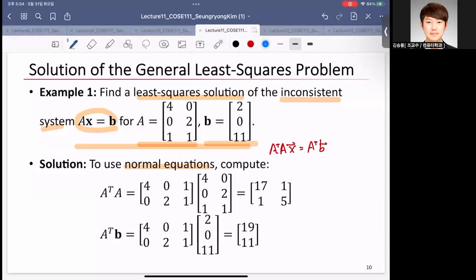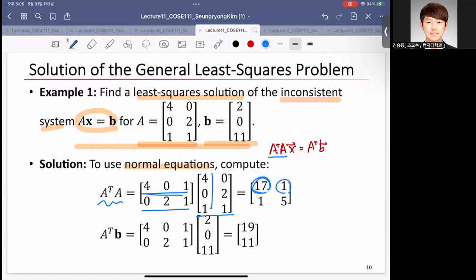Okay, so first, A transpose A: this is A transpose and this is A. The matrix multiplication A^T A gives 17, which was computed from the first row and first column.